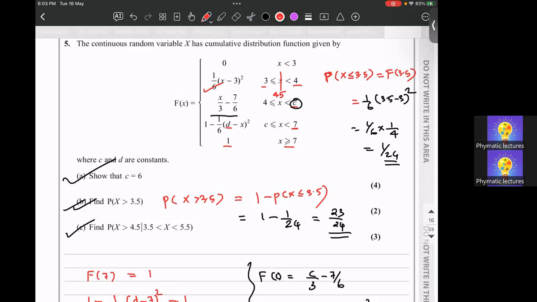But it is given that it is in between 3.5 to 5.5. So the idea is very simple. That means these are our X values: 3.5 to 5.5, and this is 4.5. Correct. So what is common?